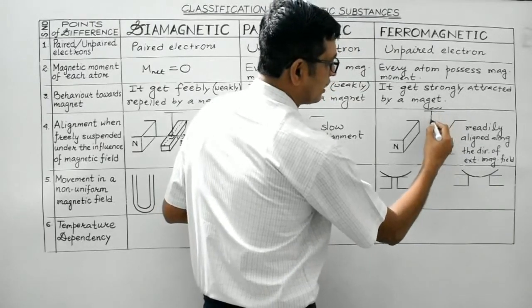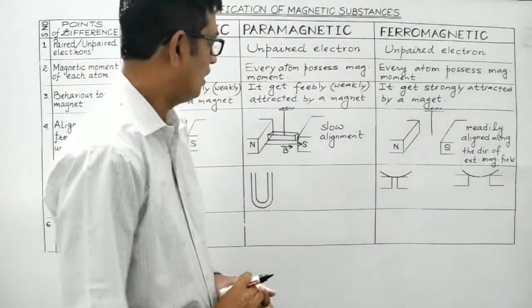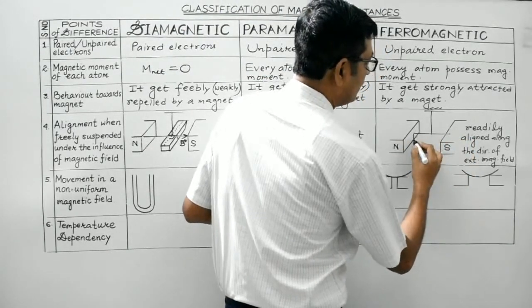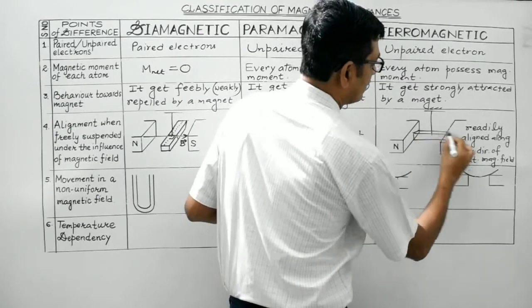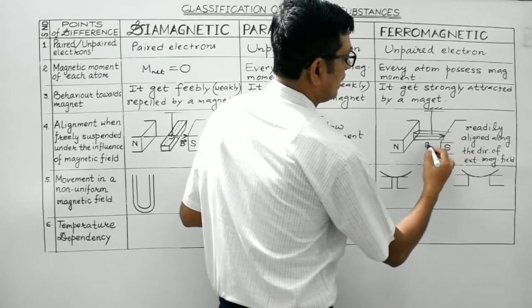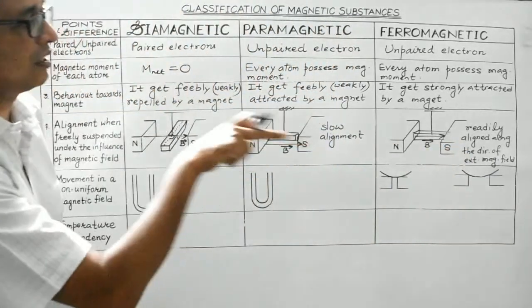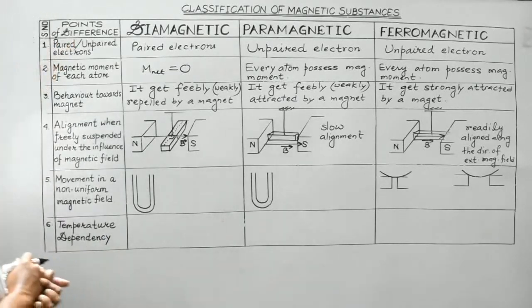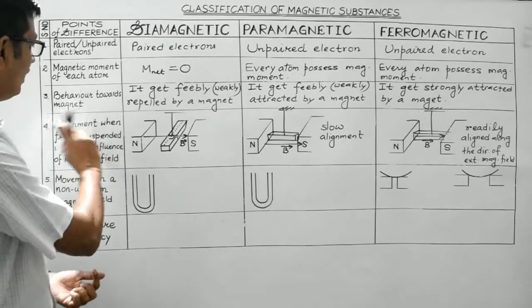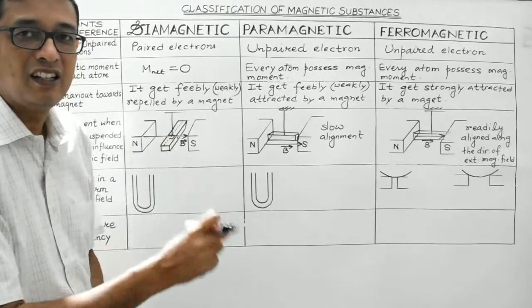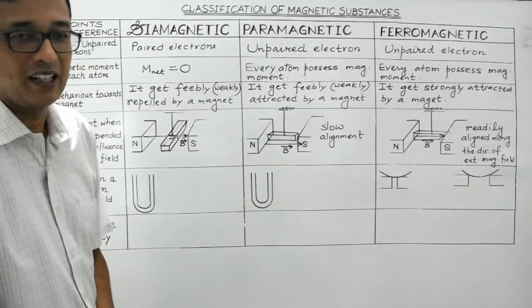So when a ferromagnetic specimen is suspended freely under the influence of some external magnetic field, it readily aligns itself along the direction of the magnetic field. So this is the direction of the magnetic field. So this was the difference between dia, para, ferro with respect to the alignment when a freely suspended magnetic specimen is under the influence of an external magnetic field.